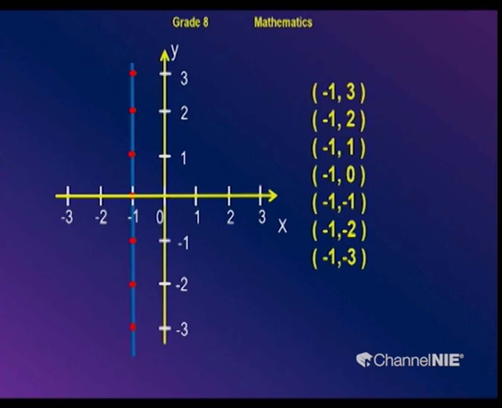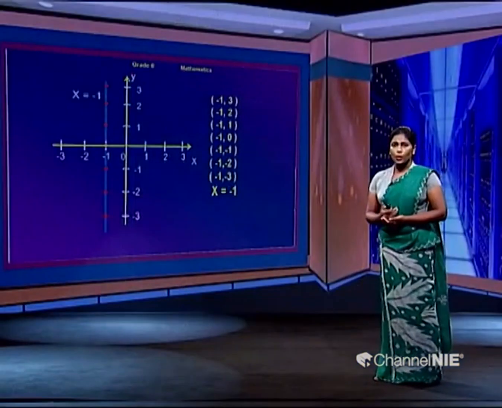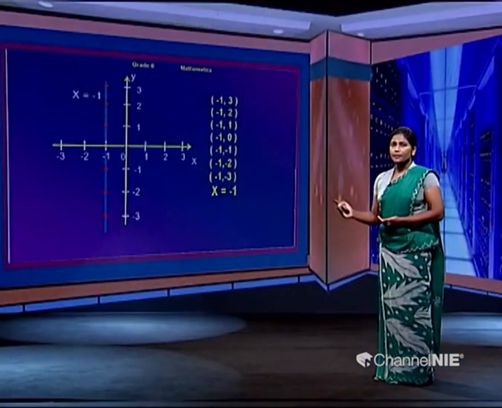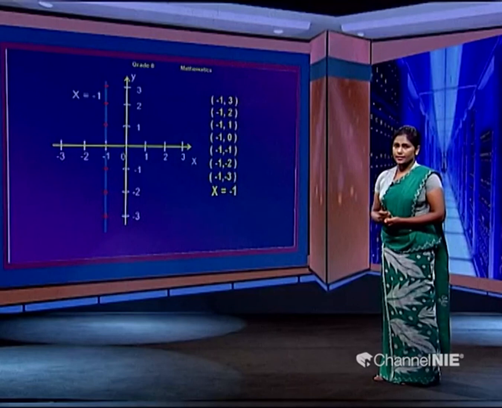Now you know the name of this line. Yes, I know you know the answer. x equals -1. And here also you can observe this line is parallel to the y-axis.